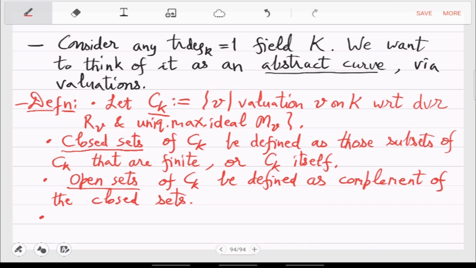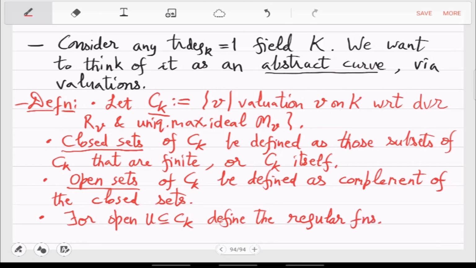So with that experience, now we can say that for an open U, define the regular functions ring O_U, the thing we defined for curves also.